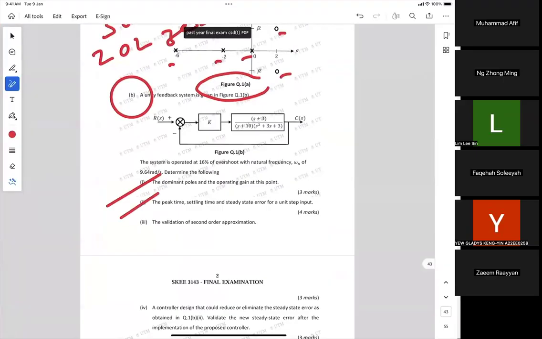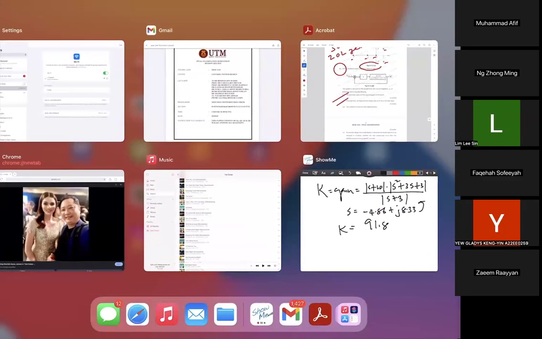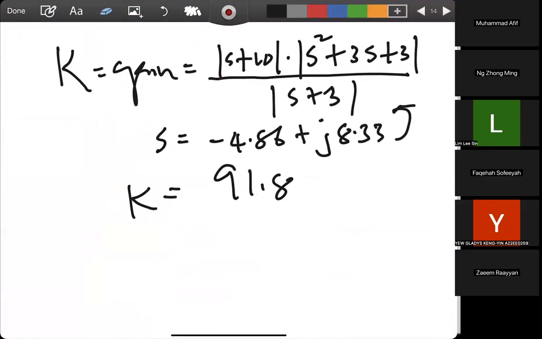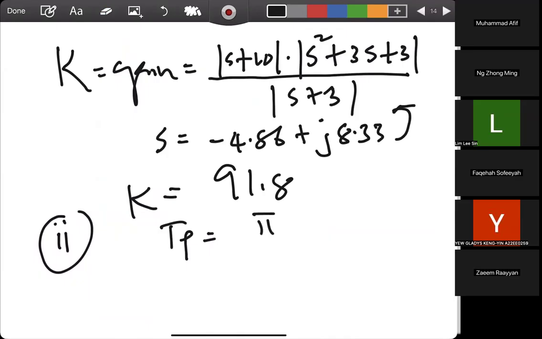Peak time, settling time, steady state error for a unit step input. All right. Very easy. So the second part is the peak time. Just use pi divided by imaginary, pi divided by 8.33.